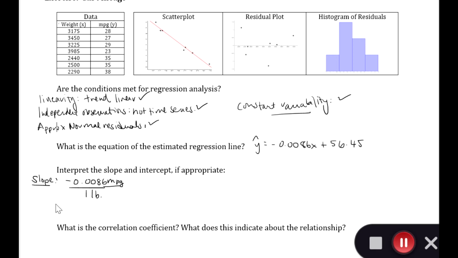Okay. So with that, we have kind of a standard setup for the interpretation of the slope. I'm going to have the standard setup, and then I'm going to fill in the blanks as appropriate.